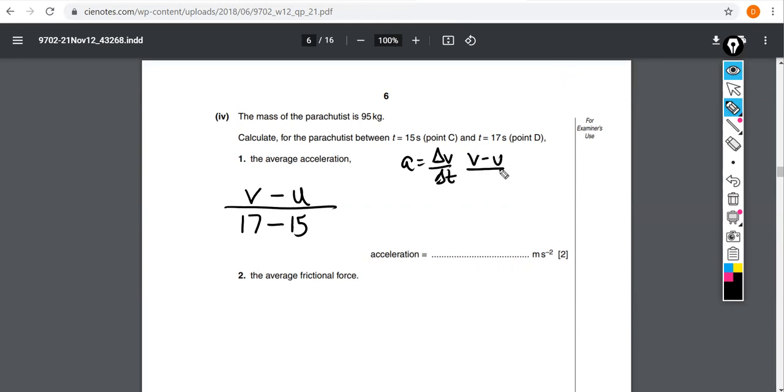v minus u over t, but if the time corresponding to the initial velocity is 0, we usually just see it like this. Sometimes it's helpful to see it as t2 minus t1: the initial velocity at time 1, the final velocity at time 2. Since they give you those times, they've given you your denominator.